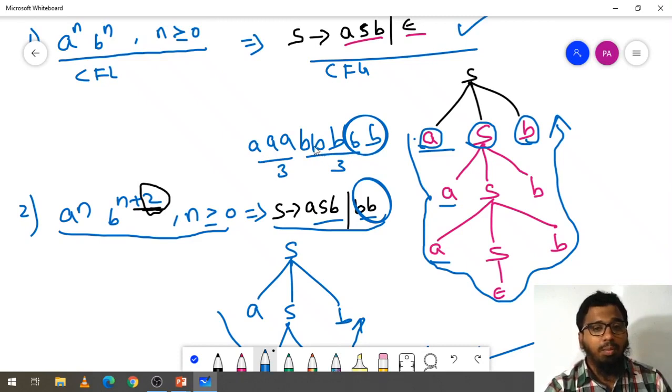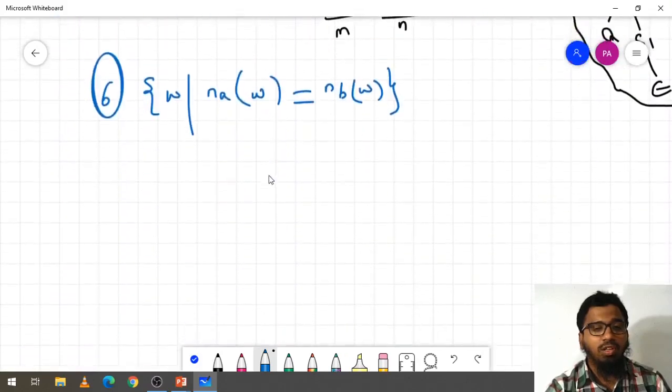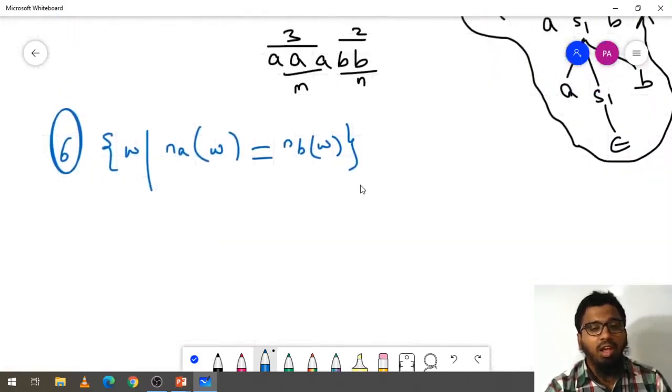But here it does not say anything about A being on the left side or the right side. It doesn't matter; they must have an equal number of A's and B's.